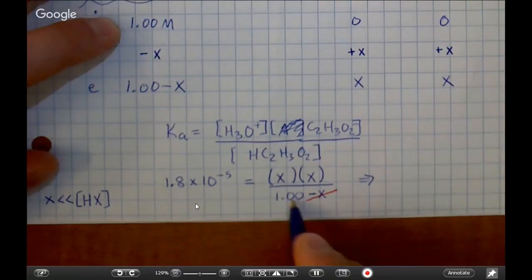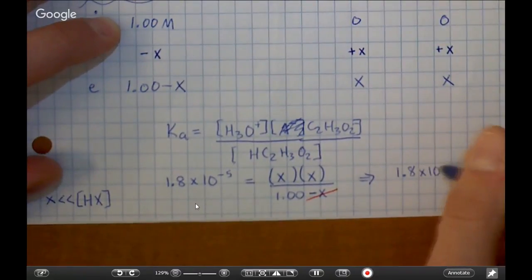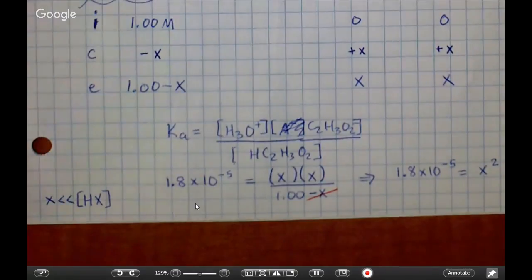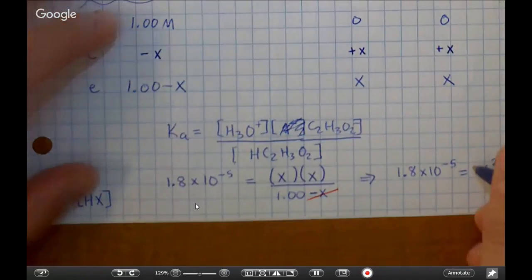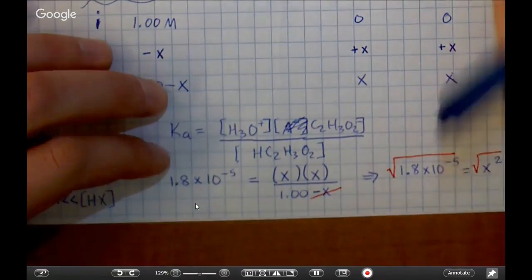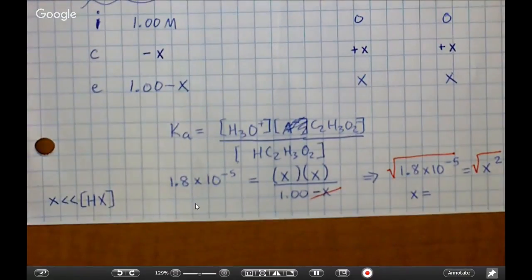And if we take 1 and multiply it on both sides, we get 1.8 times 10 to the minus 5 equals X squared. Okay. So then your goal is to take the square root of both sides, and that's going to give us a value for X. Go ahead and calculate what X is.